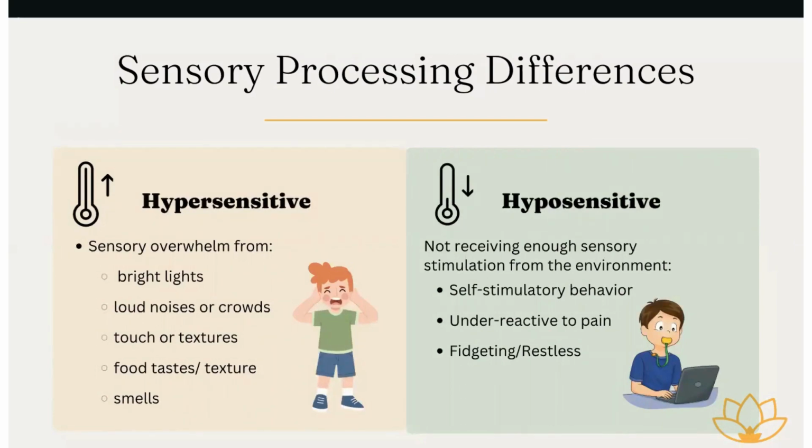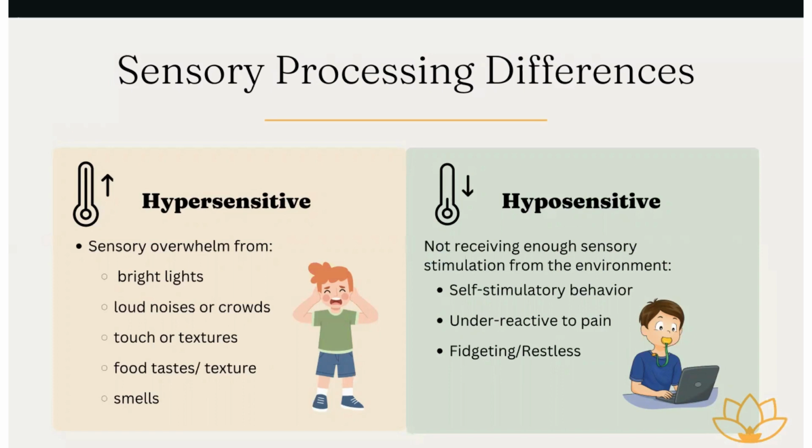So individuals on the autism spectrum might be hypersensitive or hyposensitive to sensory input. So hypersensitive just means that they are experiencing that sensory event with heightened senses. So they might get overwhelmed in that case. So sensory overwhelm can happen where they're getting too much sensory input.